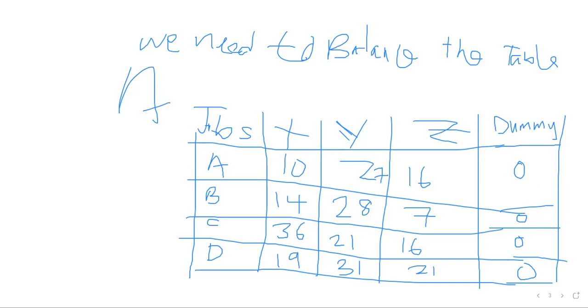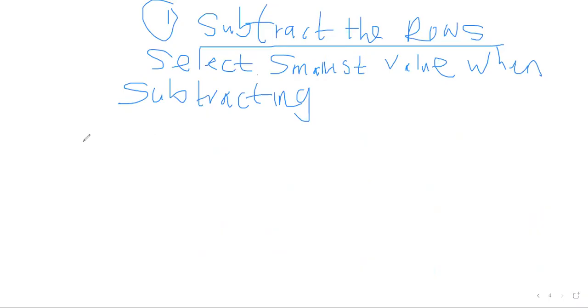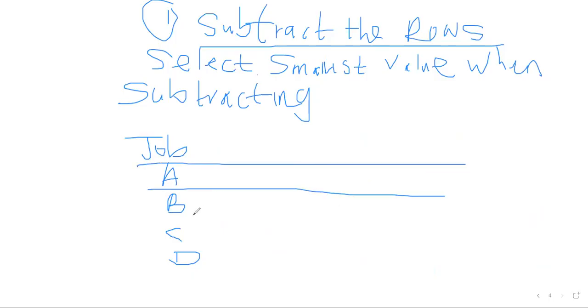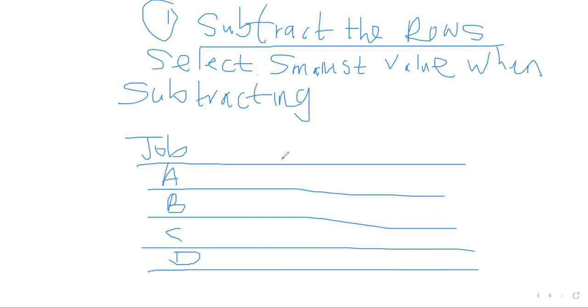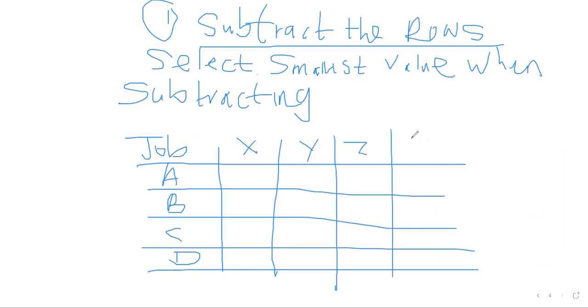So the table will still be jobs A, B, C, D, and X, Y, Z, dummy. The table will still be the same.